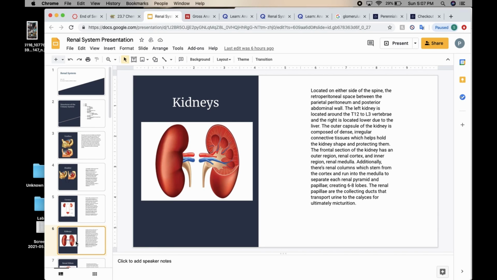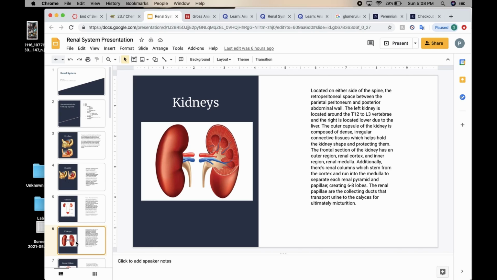Now, the kidneys, which are located in the retroperitoneal space between the parietal peritoneum and the posterior abdominal wall. The left kidney is located between thoracic 12 and lumbar 3 vertebrae, and the right is lower due to the liver. The kidneys are composed of dense, irregular connective tissue, which allows the kidneys to hold shape.